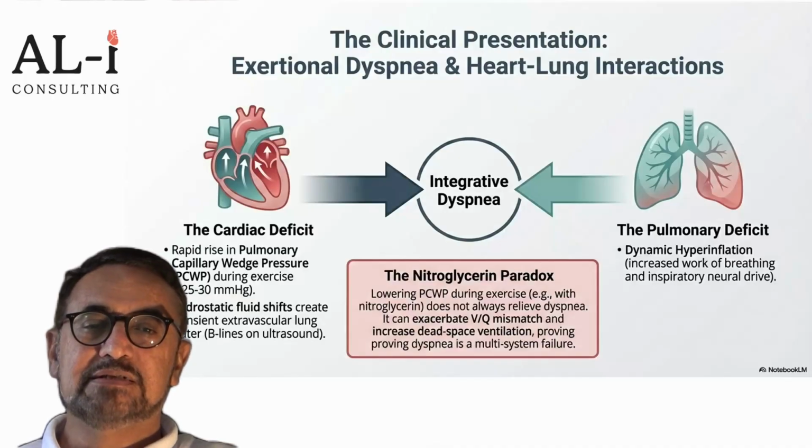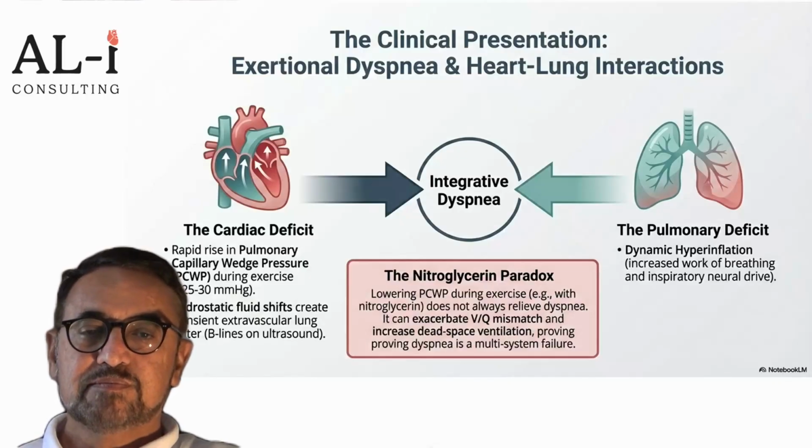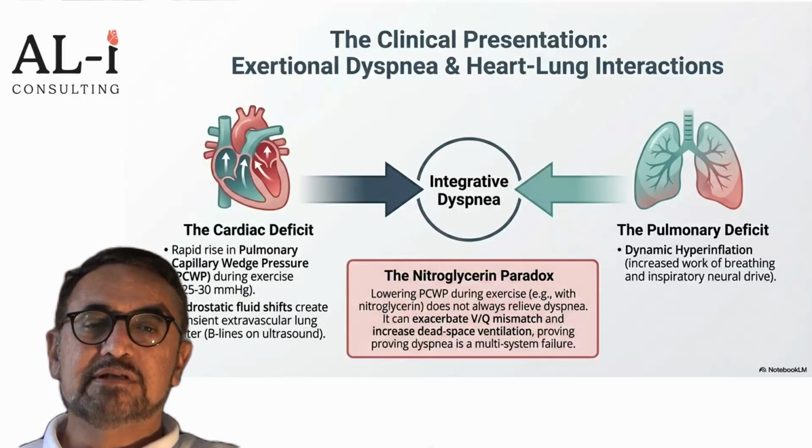Dynamic hyperinflation increases the work of breathing and inspiratory neural drive. The so-called nitroglycerin paradox is useful here. Lowering wedge pressure during exercise does not always relieve dyspnea. In some patients, it can worsen ventilation perfusion mismatch and dead space ventilation.